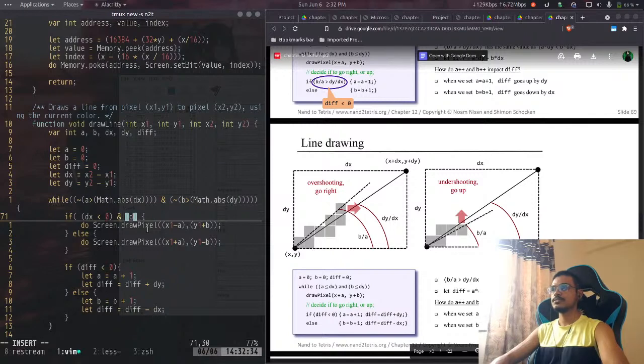Dx is less than 0 and dy is greater than 0. In this case, it should print this. Else means what? If dx is greater than 0. Nah, we can't have an else in this case. So we should have if.